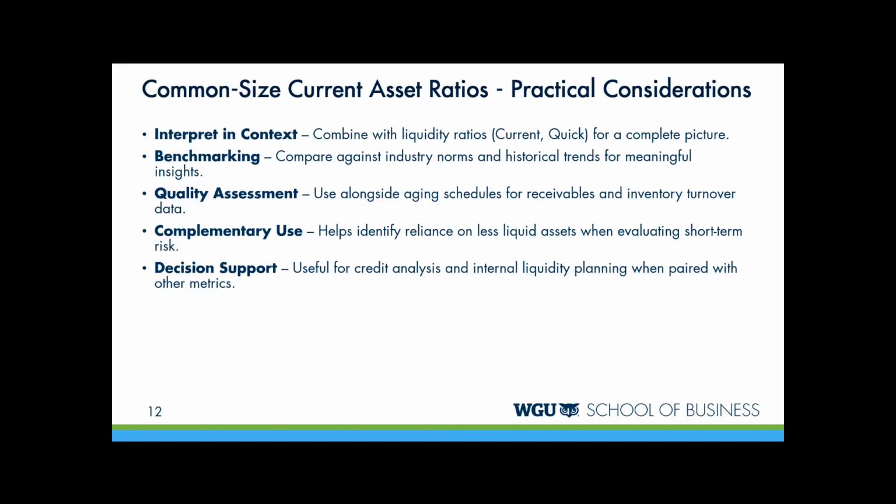Okay, the other thing we look at is quality assessment. So we want to look at, especially on our receivables, the aging and the inventory turnover. So as we said, for our accounts receivable, we expect things to be collected within 30 days, but we always look at what's called aging reports, and that is our 30, 60, 90, 120, and over 120, meaning there's going to be pools of our accounts receivable that fall into those collection categories, meaning some are going to be collected within 30 days.